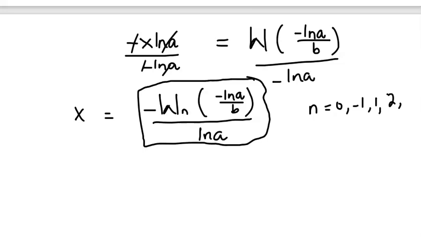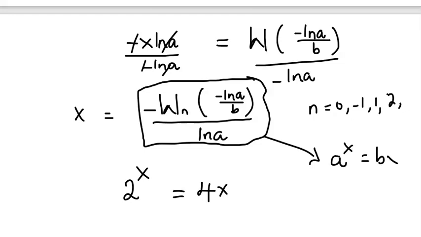Should we call it a formula? We can. So remember, the original equation is 2 raised to the power of x is equal to 4 times x, sorry. So this is 4 times x, and this solution here is for the general a raised to the power of x is equal to b times x.